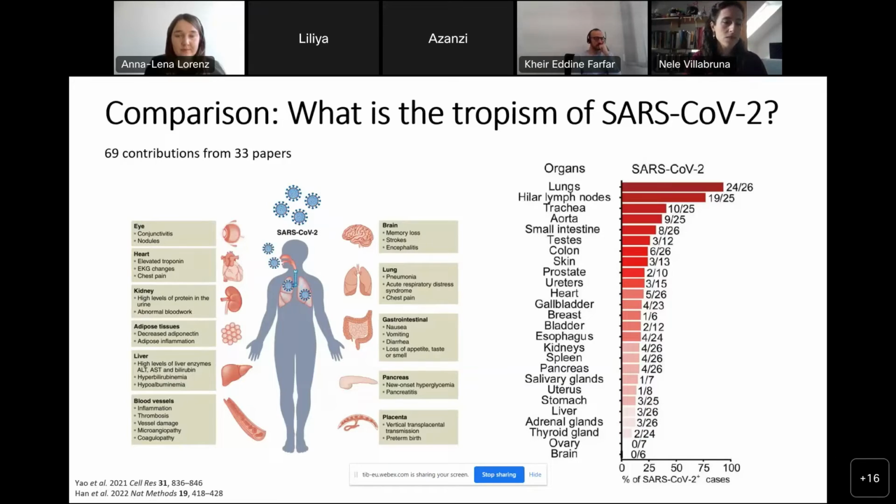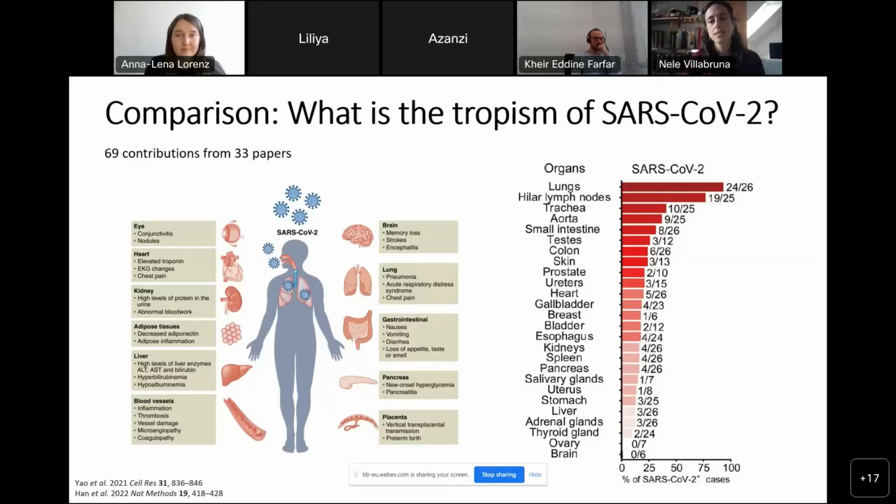The best known is the gastrointestinal tract. Many people also have an infection in their intestine, but there are also patients who have neurological symptoms, who have infections of the heart, the eye, or several other organs.